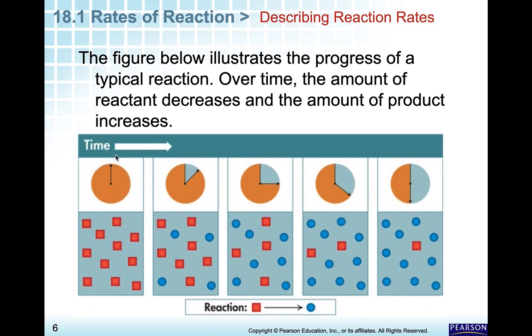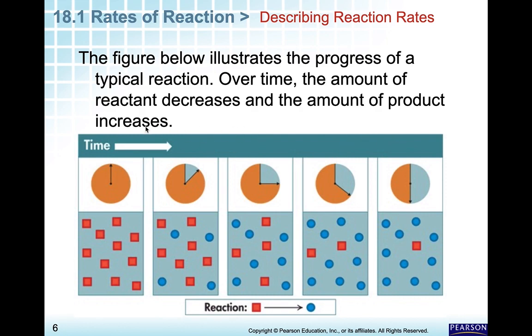No reaction has started yet. And then with time, as our time increases, more and more of those red reactants get converted to blue products, until at this time our reaction is mostly blue.